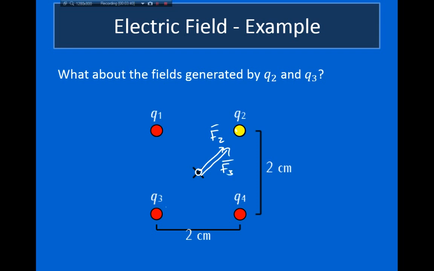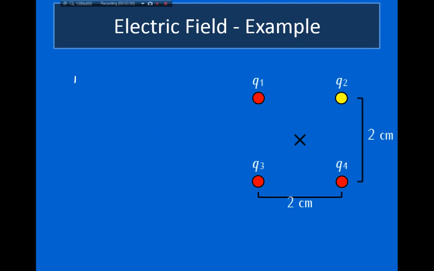So what we can see is that the electric fields that are created by Q2 and Q3 are going to be the same. They're going to point in the same direction and they'll have the same magnitude. They'll have the same magnitude because these are the same magnitude charges and they're the same distance from the center of the distribution. So the total electric field is just going to be equal to twice the force that would be exerted, let's say, by charge 2 divided by this test charge that I'm going to add here in the center of the system.